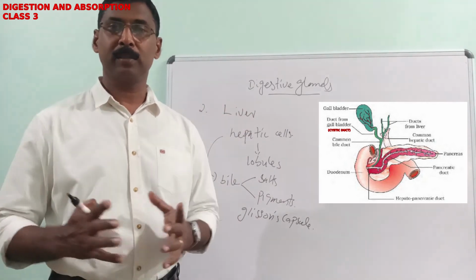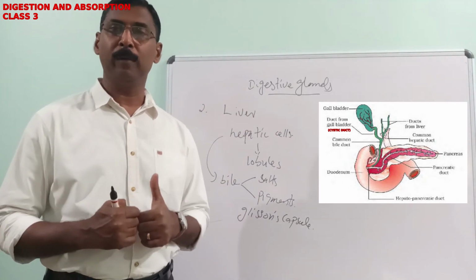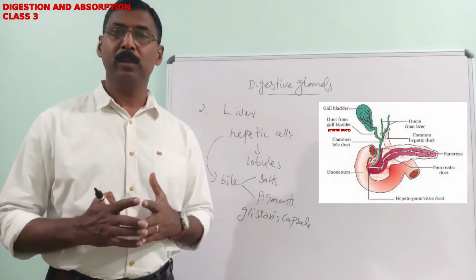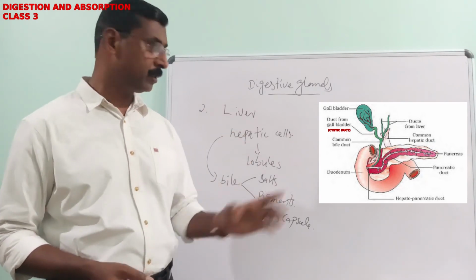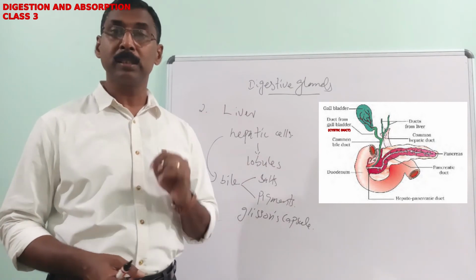All the hepatic ducts join together to form a larger duct called the cystic duct. You can read the label there, cystic duct.